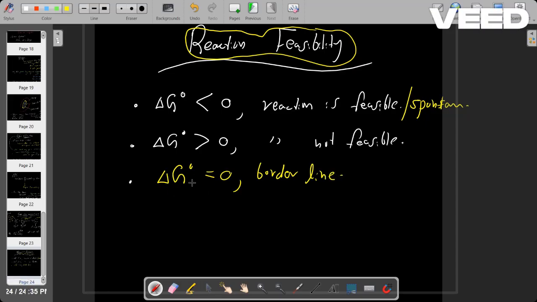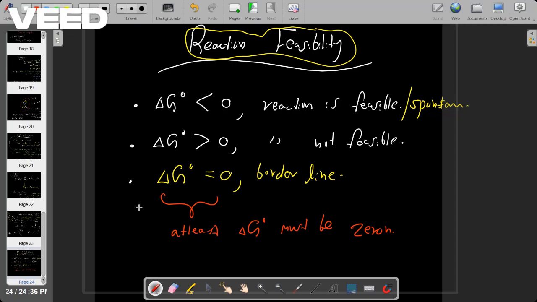At least delta G naught must be zero for a reaction to be spontaneous. You can't go lower than this. If it becomes positive, it is an issue. Up to zero, it is possible.